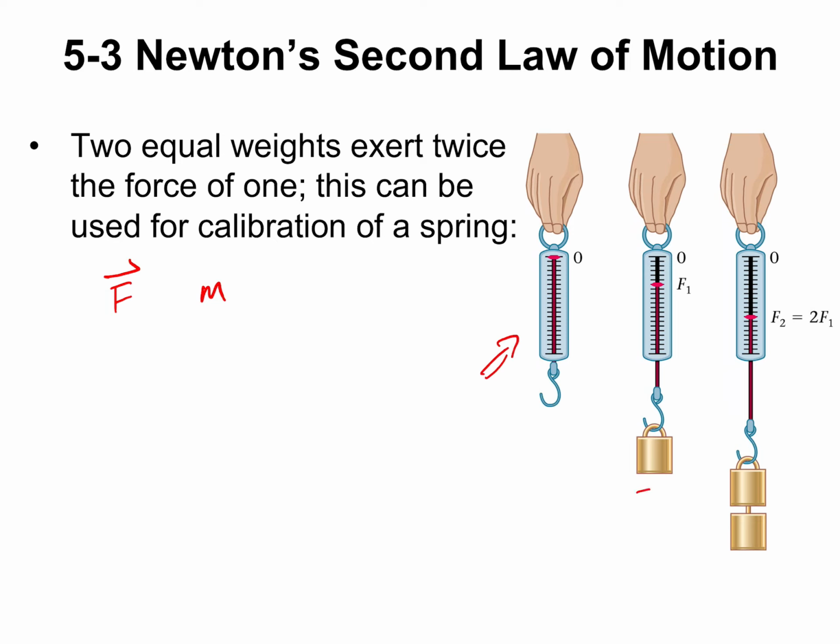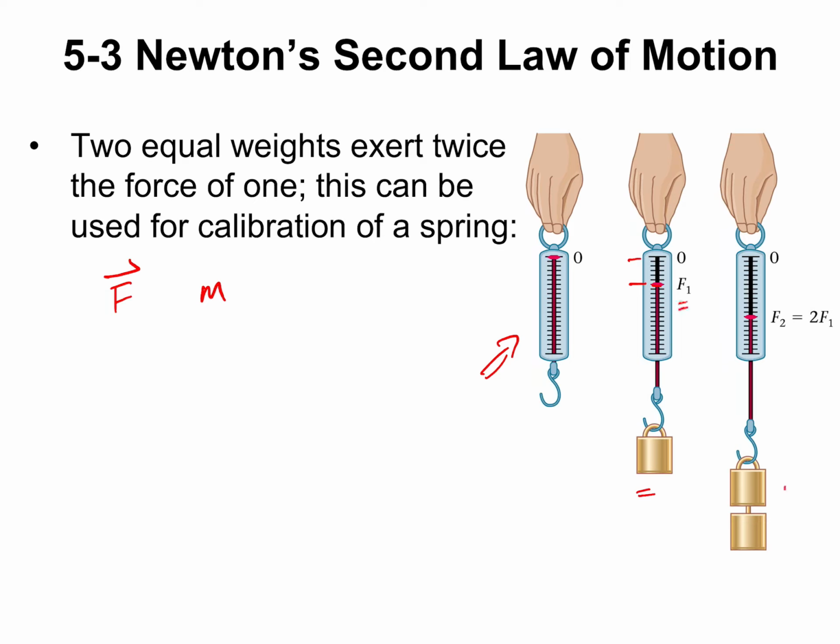So if you hang one object at the end of the spring, you see the displacement, the stretch of the spring right here, and that measures the force. So the force on that spring, actually the force on the object, is F1.